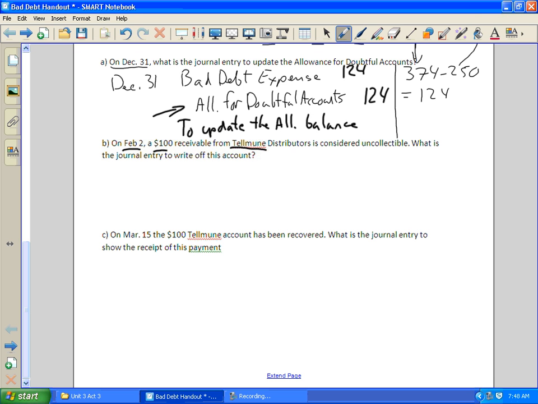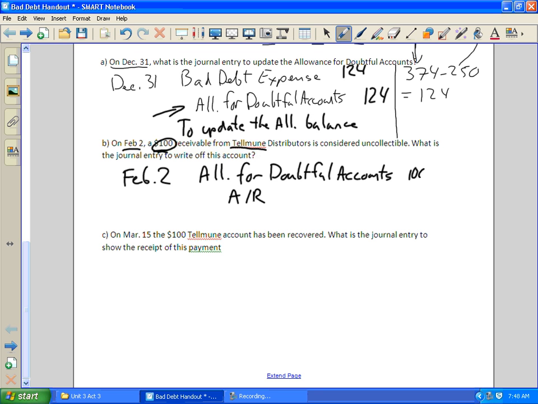So our journal entry is actually pretty straightforward. On February 2nd, you're going to debit allowance for doubtful accounts, which remember is that contra asset account. And we're going to credit accounts receivable because that $100 here is sitting in that accounts receivable balance on the balance sheet.